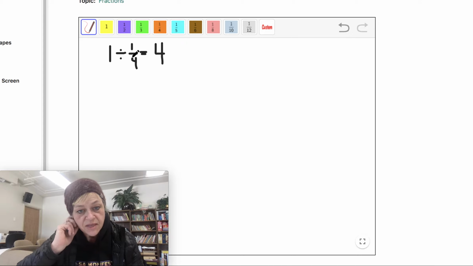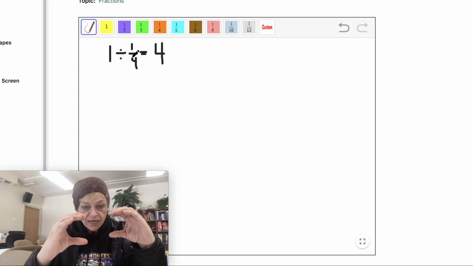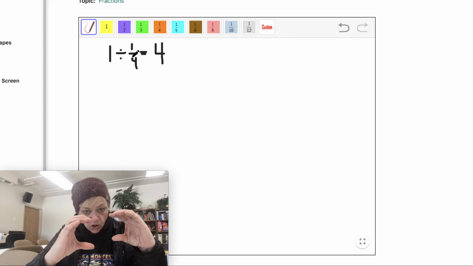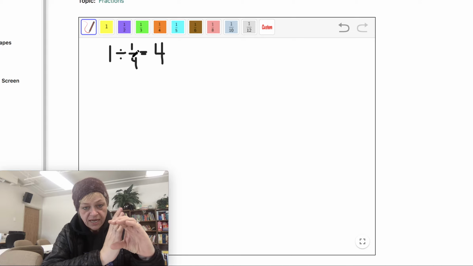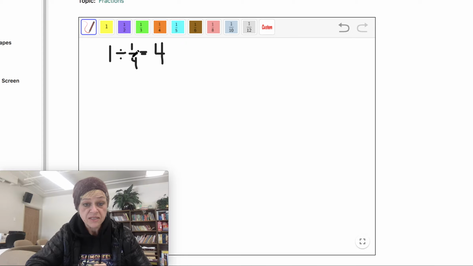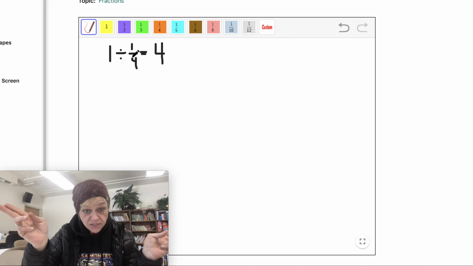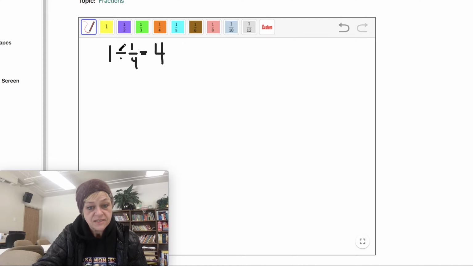They kind of mean the same thing. Whole meaning that your item is still whole. It hasn't been broken down into smaller pieces or fractions yet. It's still whole. So, moving on, 1 whole divided by 1/4 equals 4.